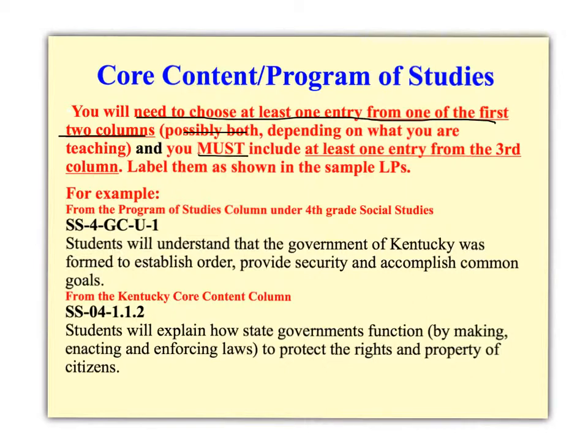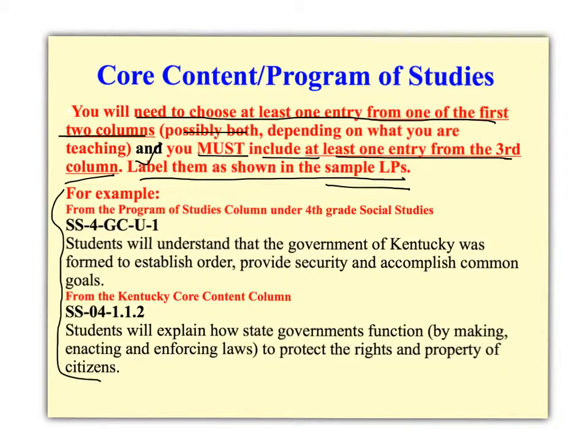You must include at least one entry from the 3rd column. Look at the sample lesson plans to see how they are labeled. Here's an example. Notice you have to use the wording, not just the numbers.